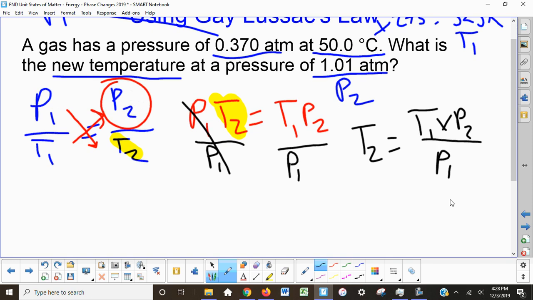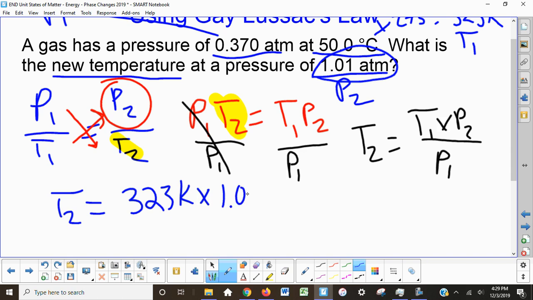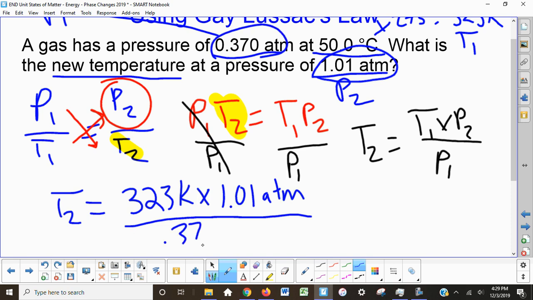So now I can do a number setup here with my units. Temperature 2 is going to be my 323 Kelvin times pressure 2. Make sure you select the right one. Pressure 2 is the 1.01 atmospheres. This is why it's really important to read the problem and then make sure you plug in the numbers in the right place. And then the initial pressure was the 0.370 atmospheres here. And you should be able to predict: pressure went up, so temperature should go up.